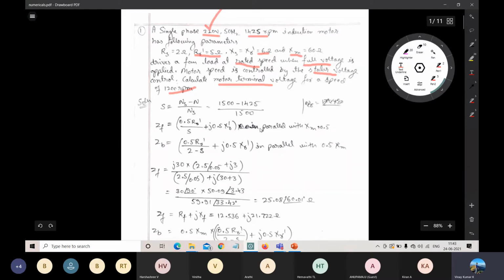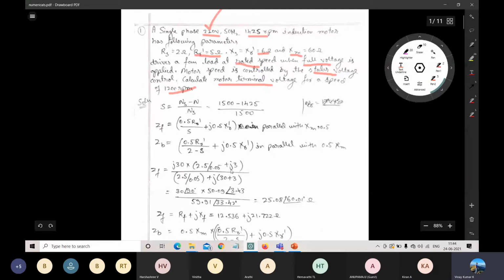When two impedances are connected in parallel, the formula is R1 R2 divided by R1 plus R2. XM is 60 ohm, so 60 into 0.5 is 30, so j30, let's take it as R1. R2 is 0.5 RR dash by S plus j0.5 XR dash. RR dash is 5, so 0.5 into 5 is 2.5, and 0.5 XR dash is 6 into 0.5, which is 3.